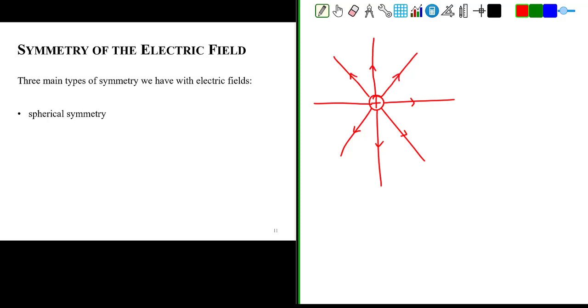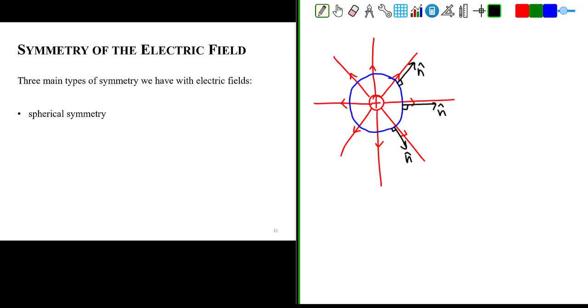What that means is if you were to take a surface, we'll say a Gaussian surface, of a certain radius centered on the charge, the electric field at every point on that surface is normal to the surface. And notice how these electric field lines that are normal to the surface also have the same magnitude at any point on the surface of this sphere.